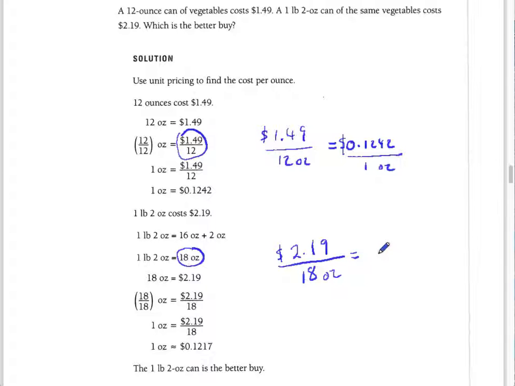Doing that division, you get 0.1217 dollars per ounce. So the better buy seems to be the second can. Okay, the 1 pound 2 ounce can is a better buy, which is typical. The larger the amount you buy, the better deal it typically is.